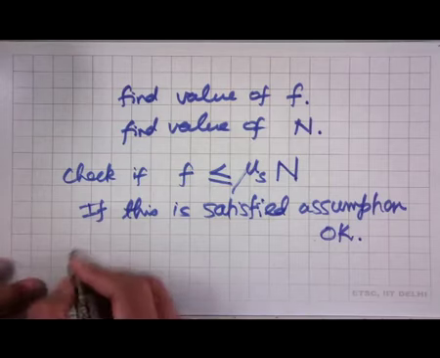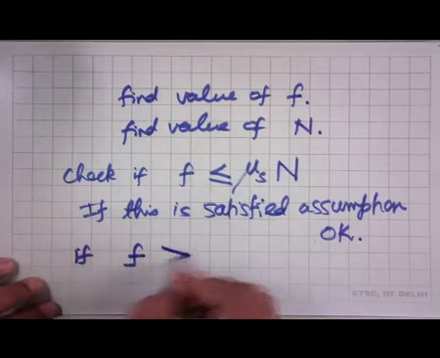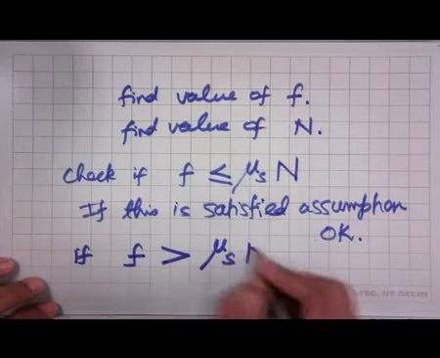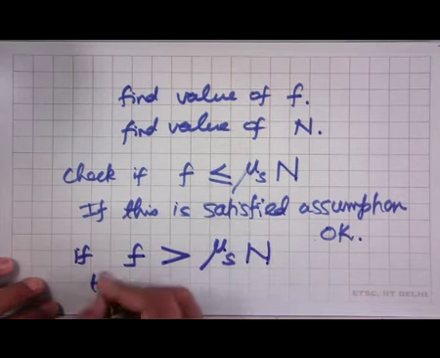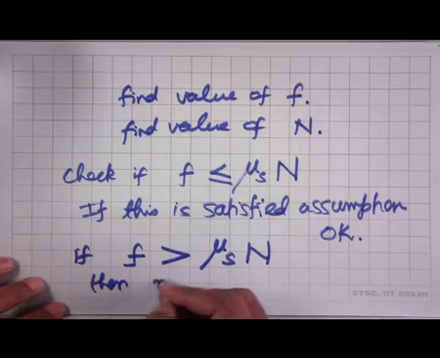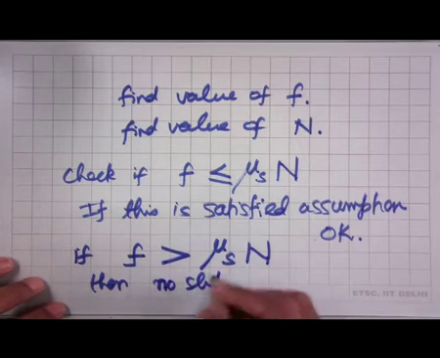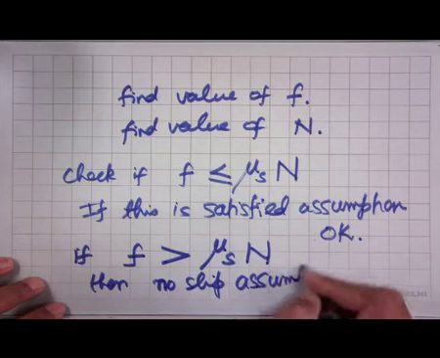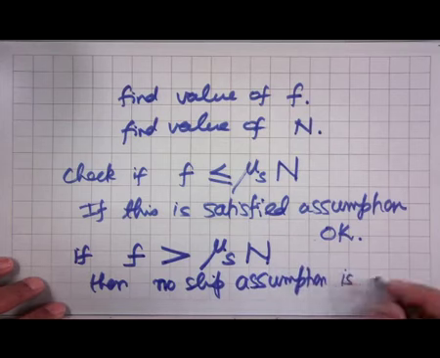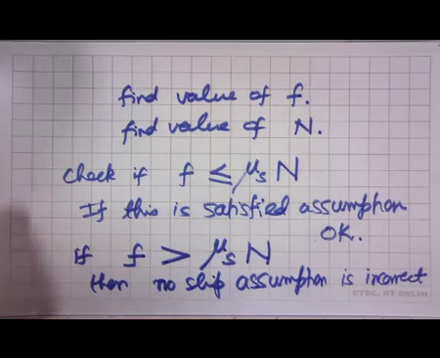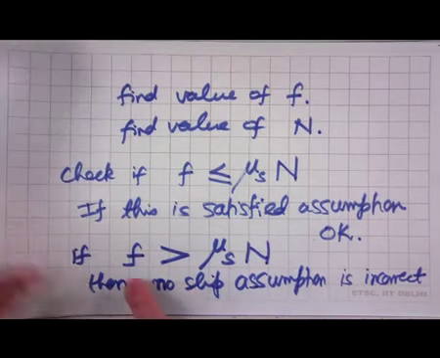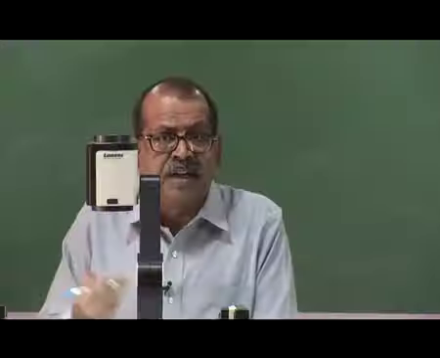But if f turns out to be greater than mu s n, then the no slip assumption is incorrect. The assumption we have made of no slip is incorrect because the friction force which we are getting turns out to be greater than mu s n.